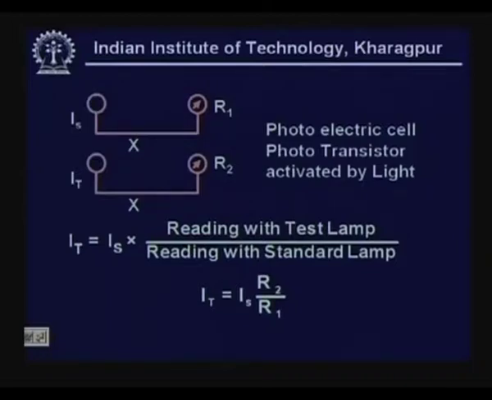In the second case, we got the reading R2, which is It by x squared. So, since x is the same, what do we have? We can say It equals Is into the reading with the test lamp, which is R2, by the reading with the standard lamp. So this is the way to go about making some measurements.